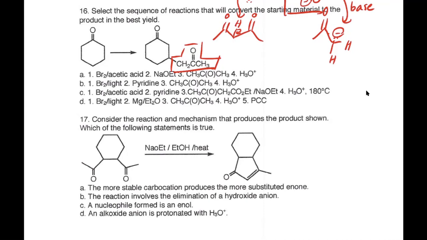So definitely with Br2 and light, Br2 and light is not a super selective reaction. And you can get bromination at several different sites. It would probably be more selective for this position, because that free radical intermediate might be stabilized by that double bond nearby and resonance.